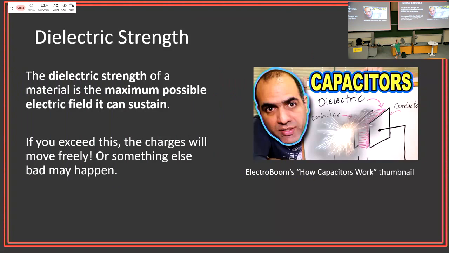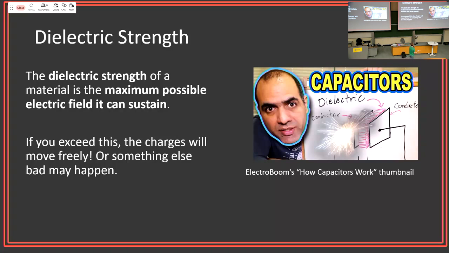The other thing that shows up inexplicably somewhere is this thing called dielectric strength. So I want you to imagine these two parallel plates are separated by a material. And you can imagine at some insanely high voltage, the dielectric's going to short out. Right? At some stupidly gigantic voltage, current's going to go through the dielectric anyway.